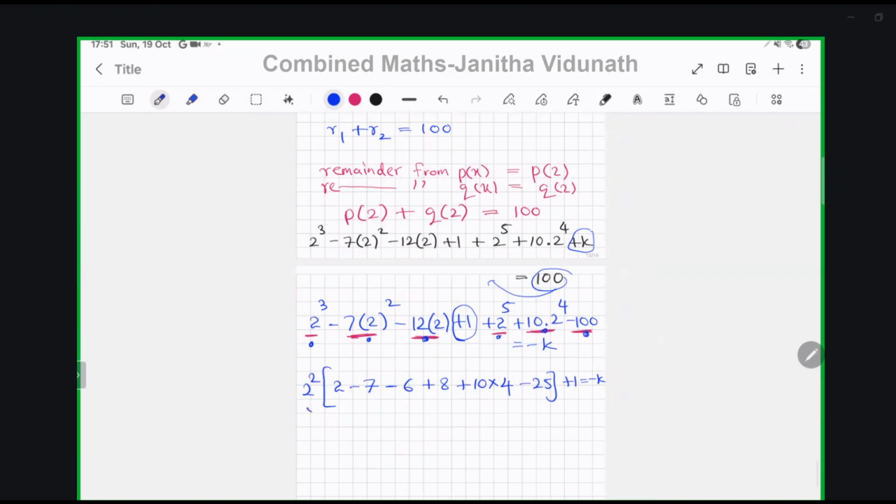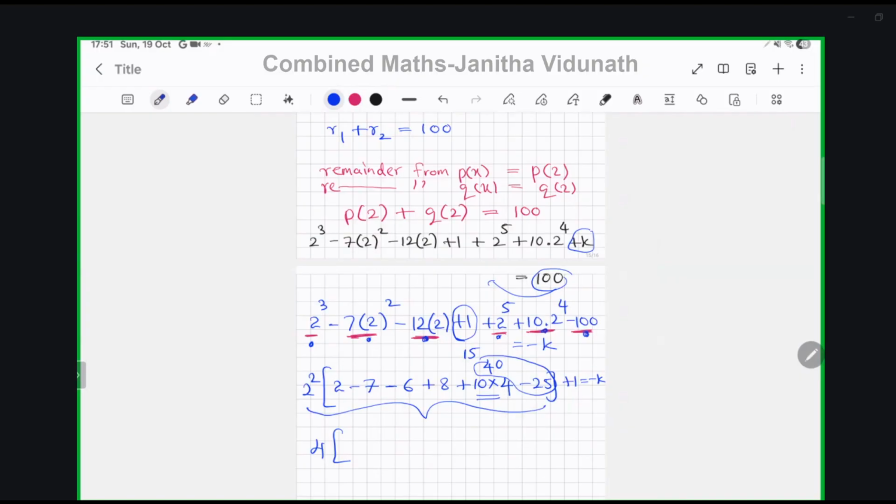Now we need to simplify this. That means 4 times, here 10 times 4 means 40. Then from 40 minus 25, we will get 15. From these two terms, we will get 15.